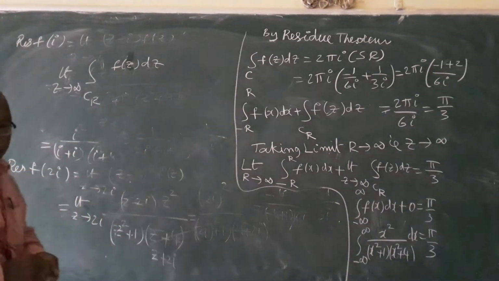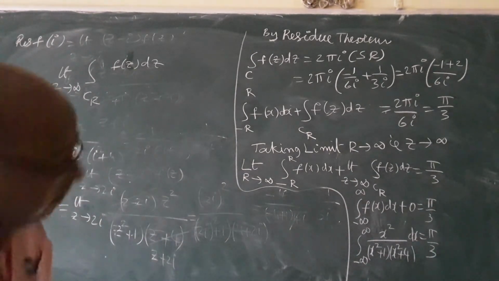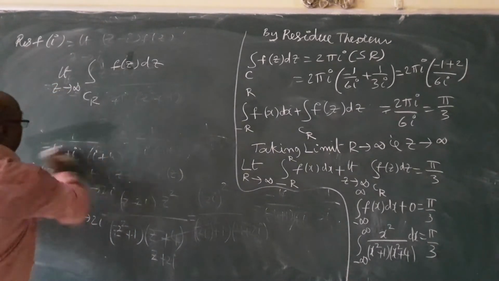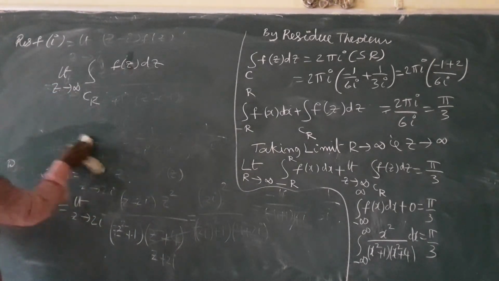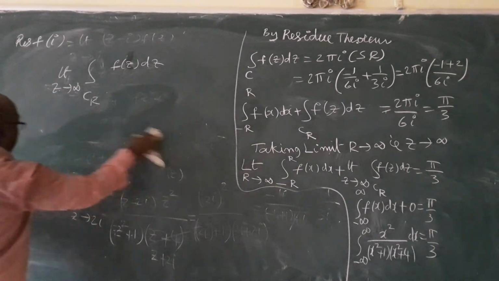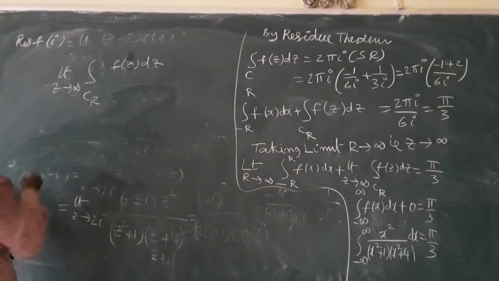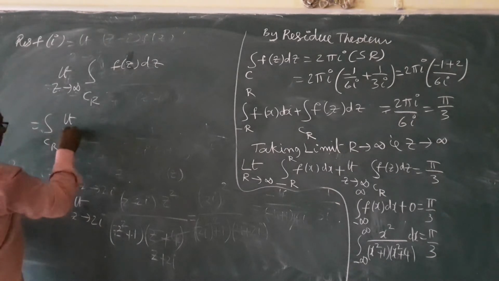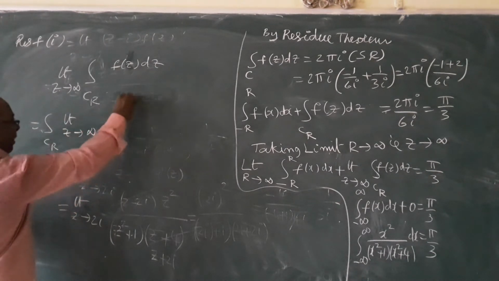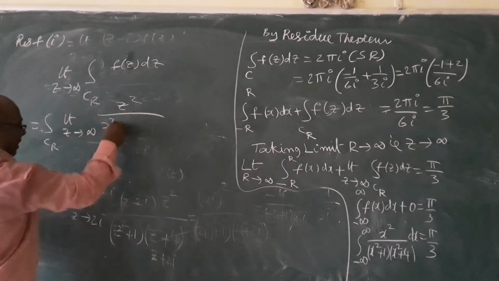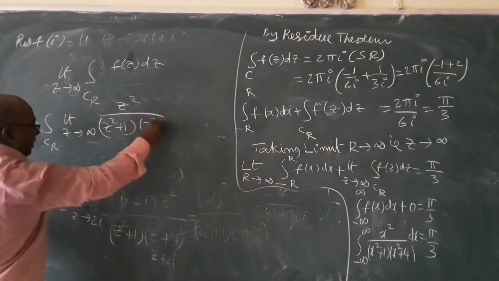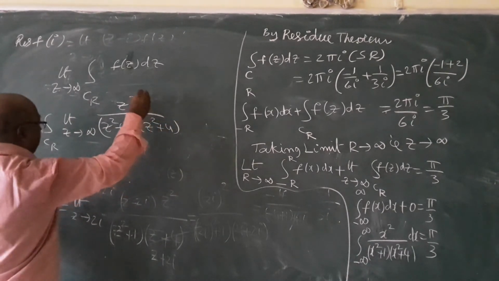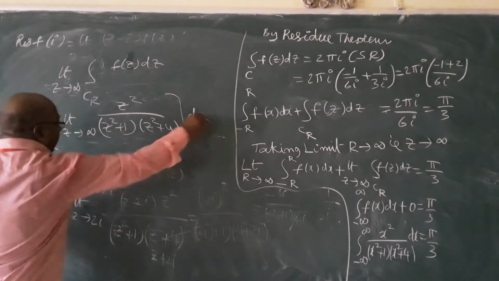Write the integral over the outside curve: limit z tends to infinity, f of z is z square by (z square plus 1) into (z square plus 4) dz.